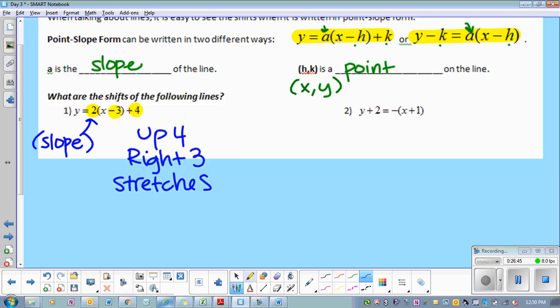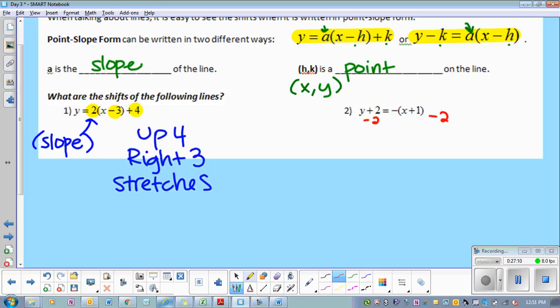All right, how about number 2? This one is a little bit weird because it's in the y + 2 form, right? And so just by looking at this, I wouldn't be able to say, oh, well, it goes up 2, okay? Because what I have to do is I need to subtract that 2. I got to make it equal to y.